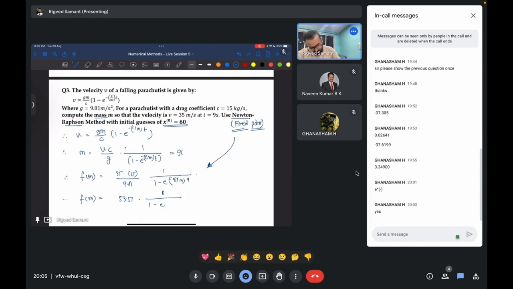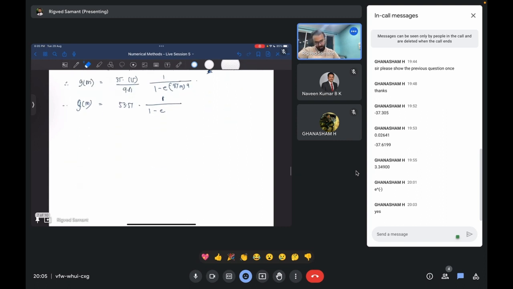This is a g of m, and then you can solve. Normally for Newton-Raphson, you have to consider f of m and then directly take f dash of m here. So this is fixed point. First we'll see the fixed point and then we'll go for the Newton-Raphson method.